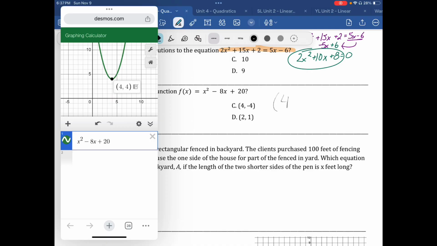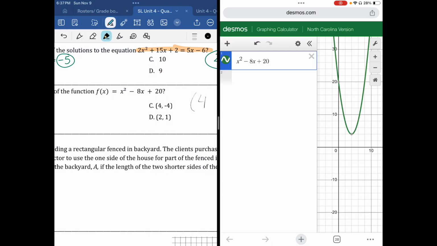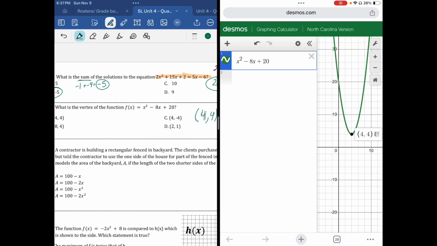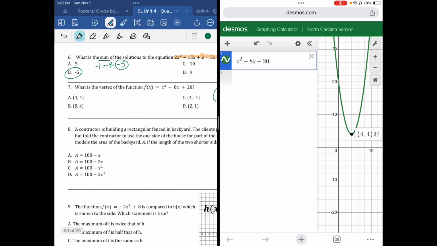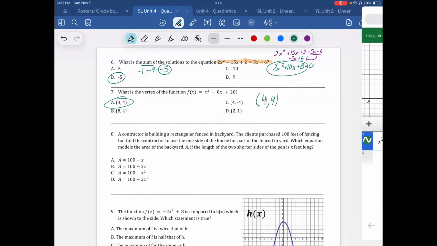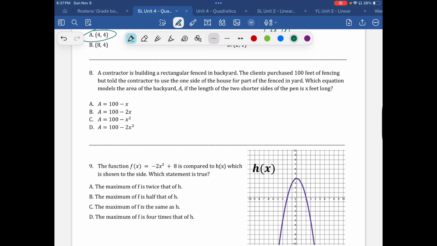We get 4, comma, 4. So let's look for our answer choice. The answer is going to be A.